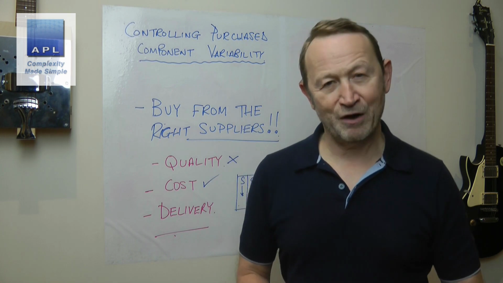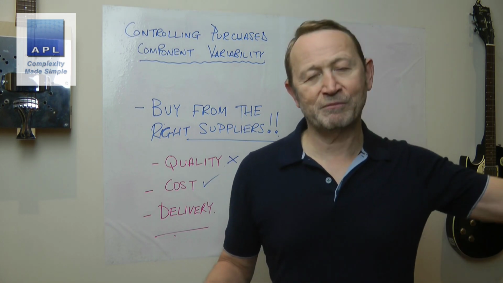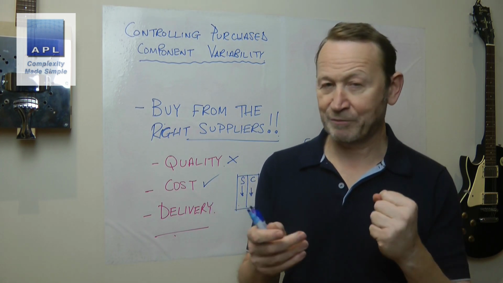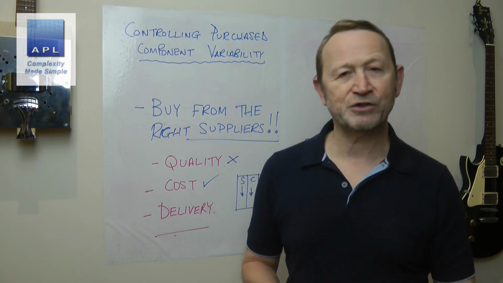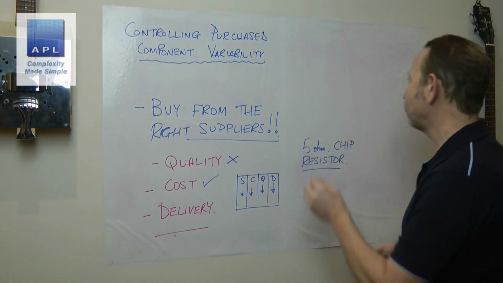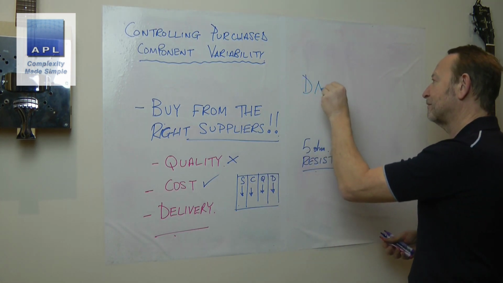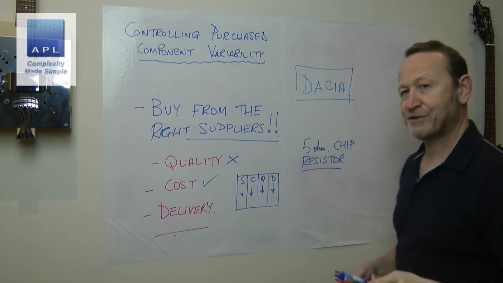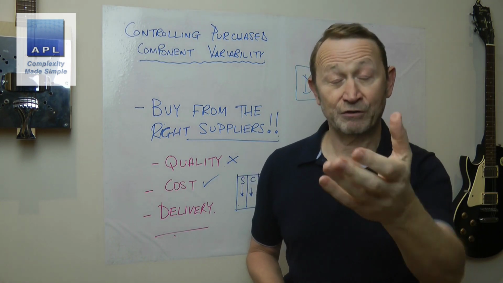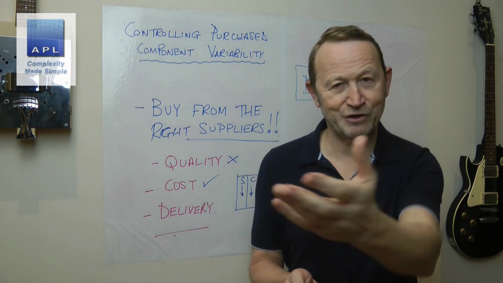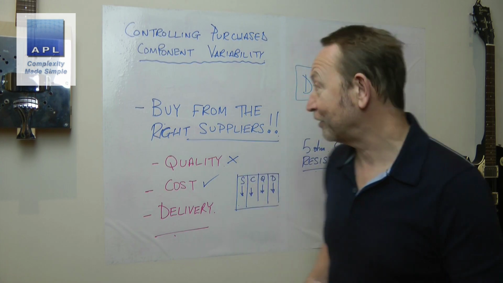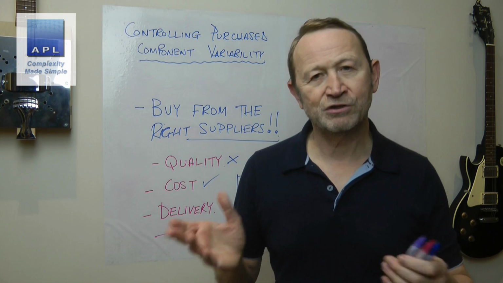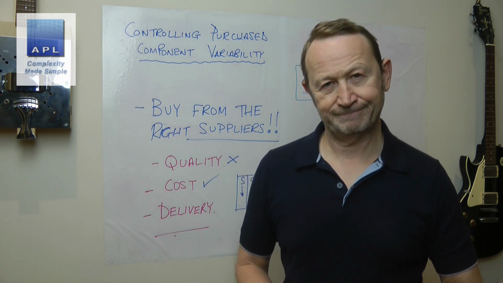In the purchasing department, I want to ask all the purchasing people this simple question. What's the cheapest car you could buy? I'm talking about the UK. It is probably a Dacia. You can ask this question in your country, whatever the cheapest car is in your country. Then ask all the purchasing officers, do they drive a Dacia?